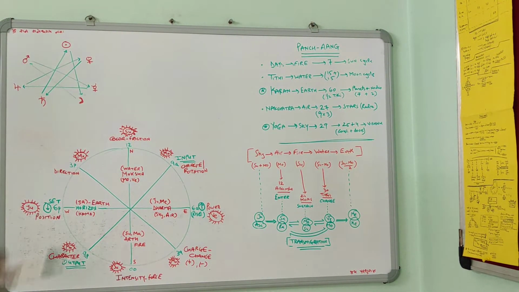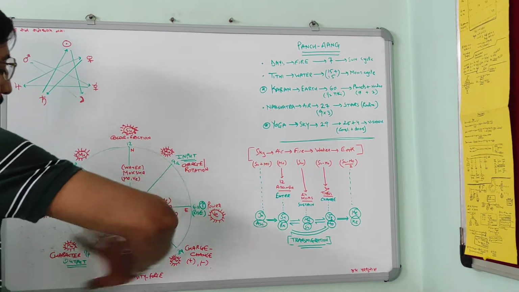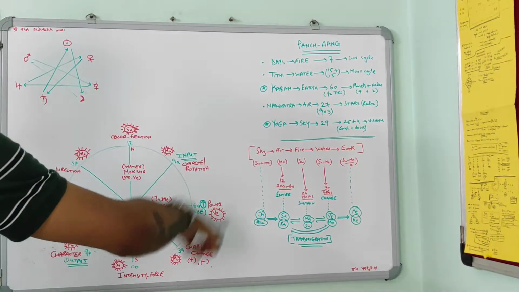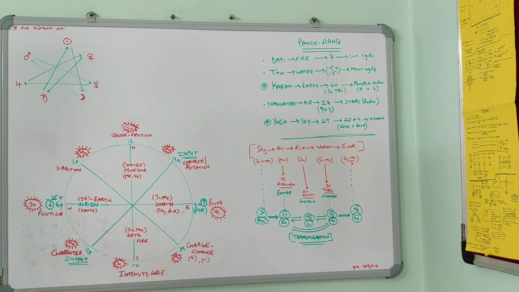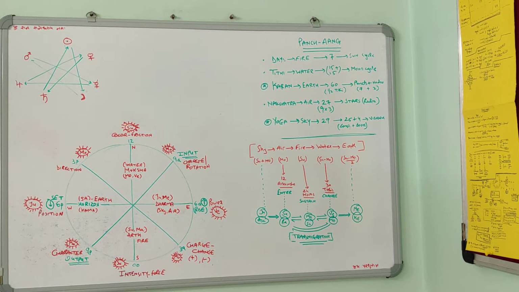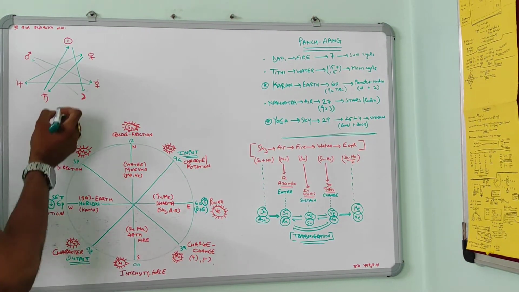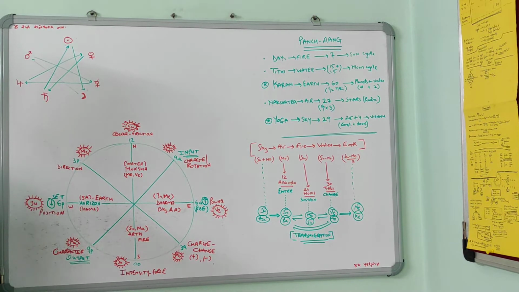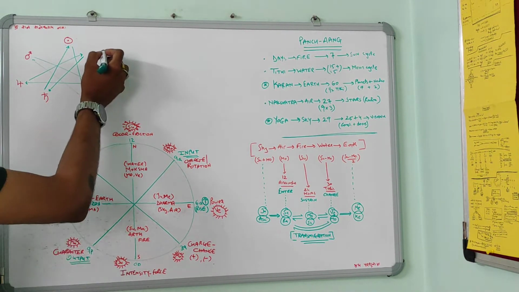So see, there is one more thing you have to notice over here. What are the planets that are not placed in the outer circle over here? See, we have Jupiter, yes. We have Venus, yes. We have Moon, yes. We have Sun. Okay, so we have this, yes.